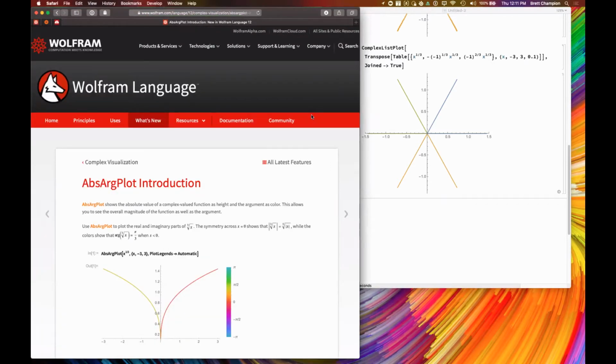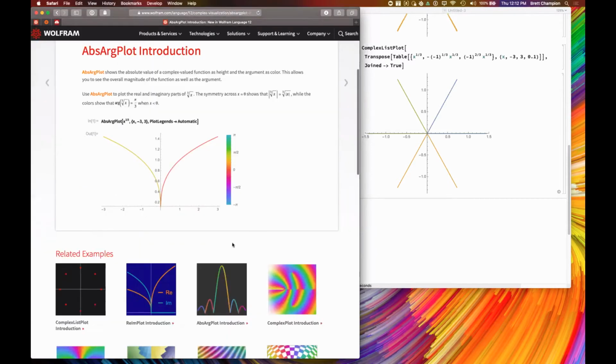So AbsArgPlot is very similar in some ways to ReImPlot in that we're plotting a complex valued function over the reals. But because complex numbers have this dual identity that we tend to think of them in, either a Cartesian real and imaginary part, or a more polar angle and radius sense, we have functions that visualize both parts of that.